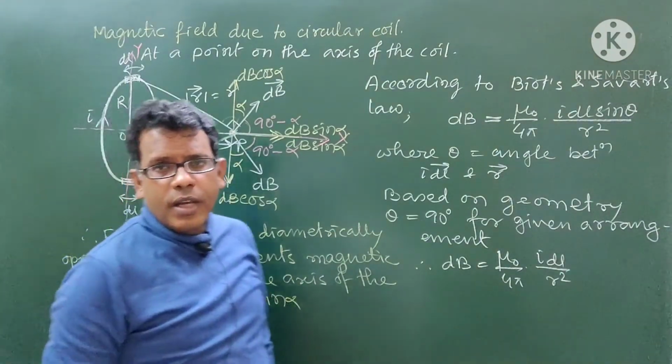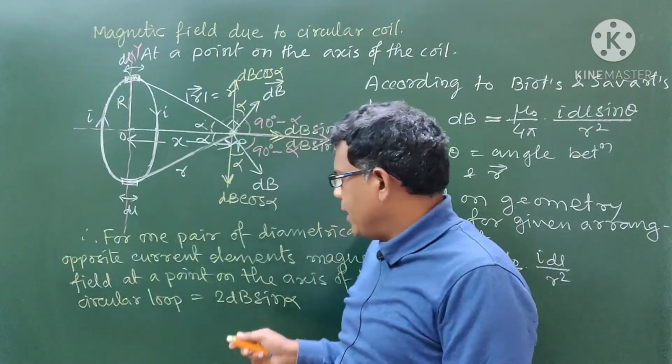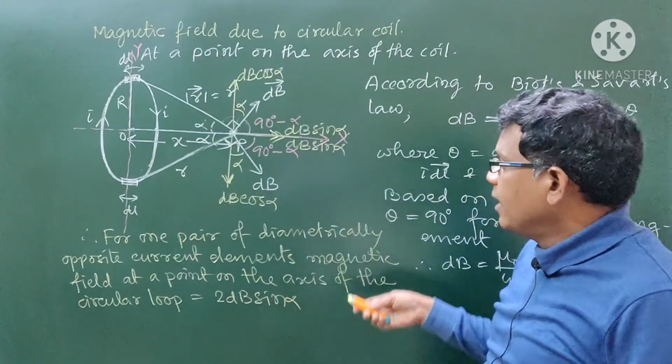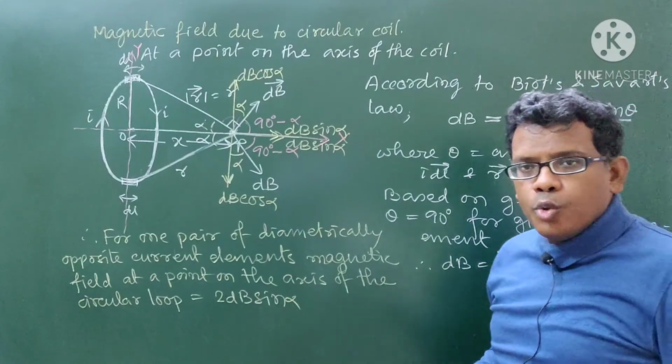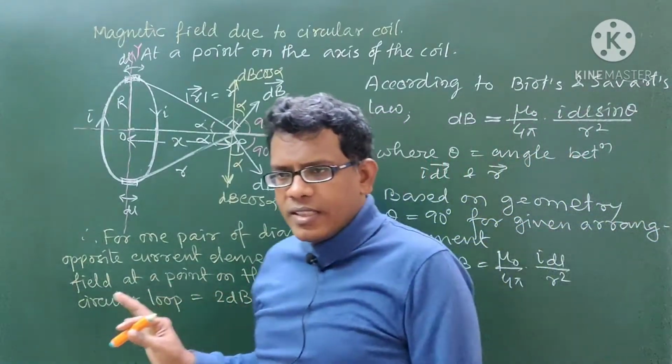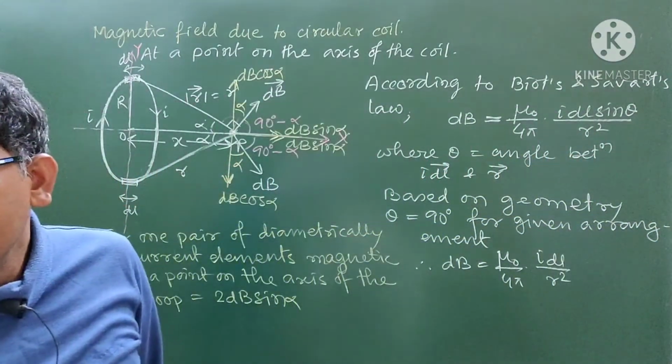For one pair of diametrically opposite current elements, the magnetic field at the point P on the axis will ultimately be 2 dB sin alpha. Is there any doubt?